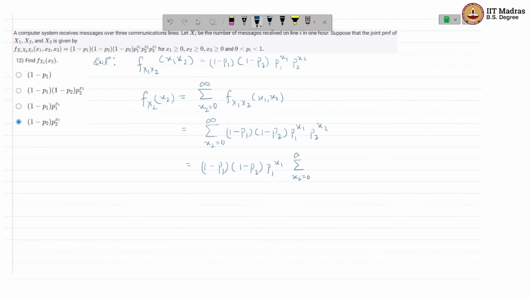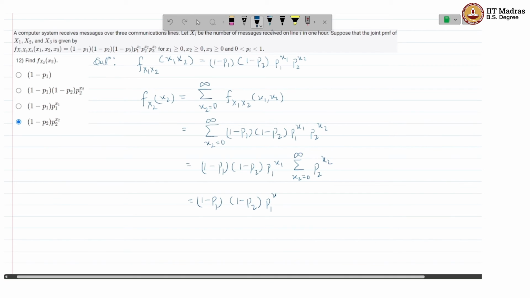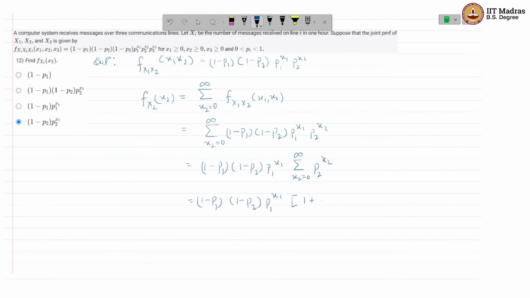As this is an infinite GP series, we will write it as 1 plus p1 plus p1 raised to the power 2 and so on.